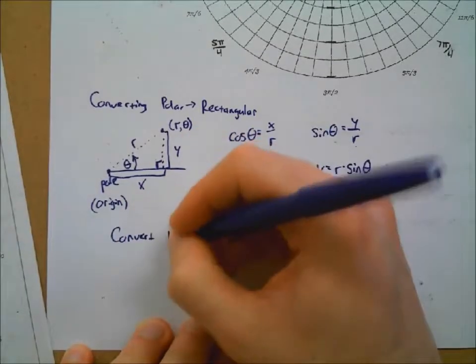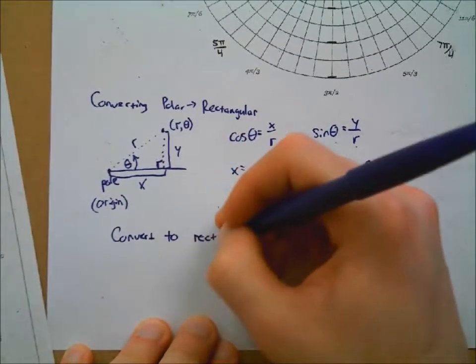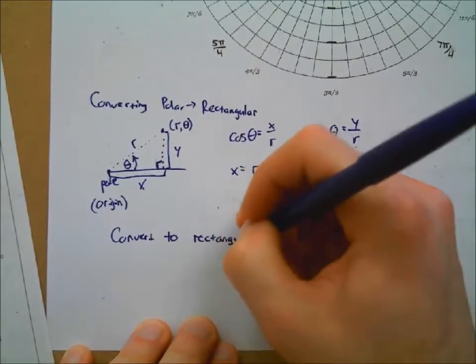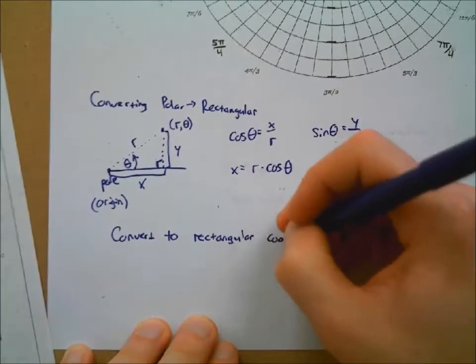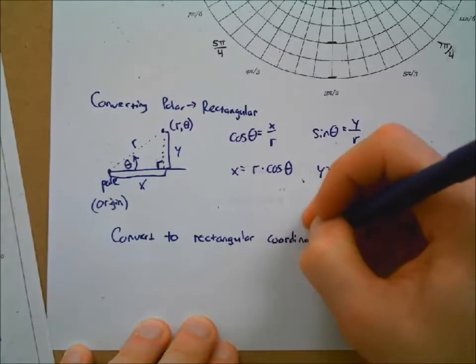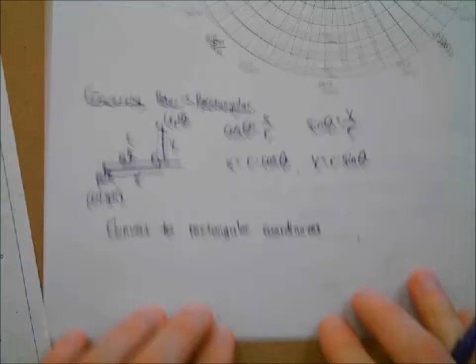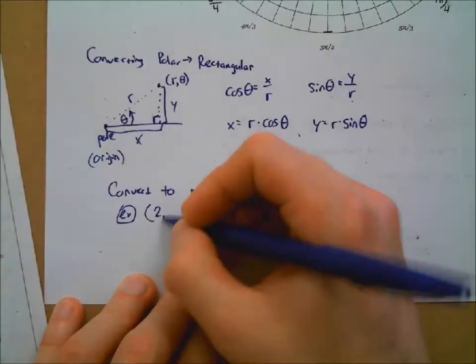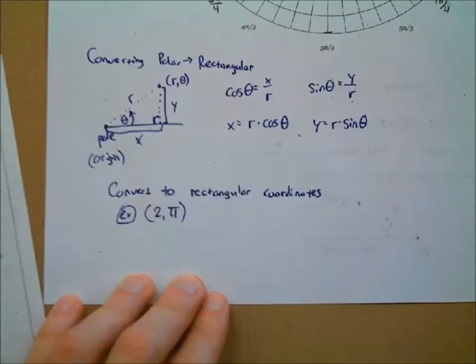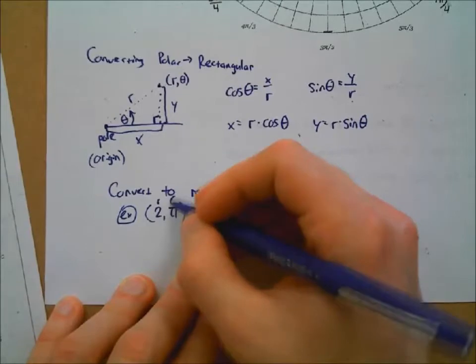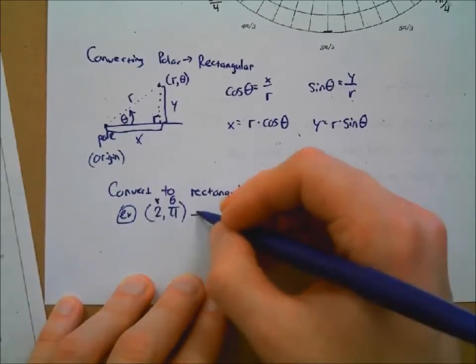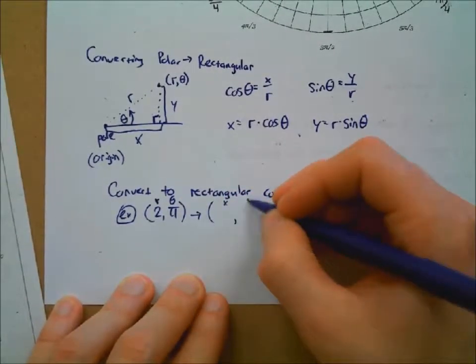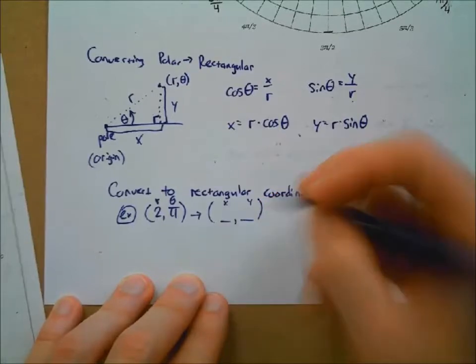Okay. So anyway, let's just convert one point here. Convert to rectangular coordinates. Let's convert 2 comma pi, which is a polar coordinate, that's r, that's our theta, and we'll convert those into something with x and something with a y coordinate.